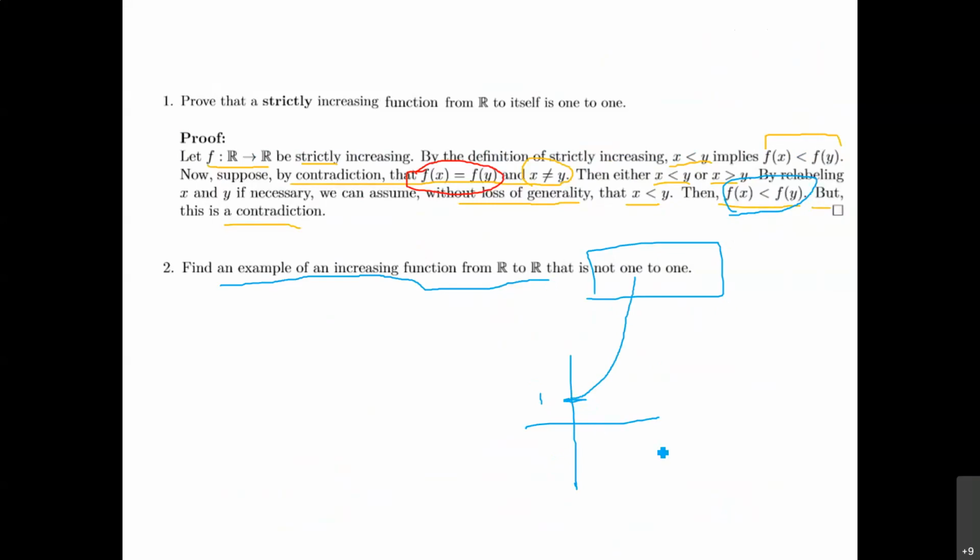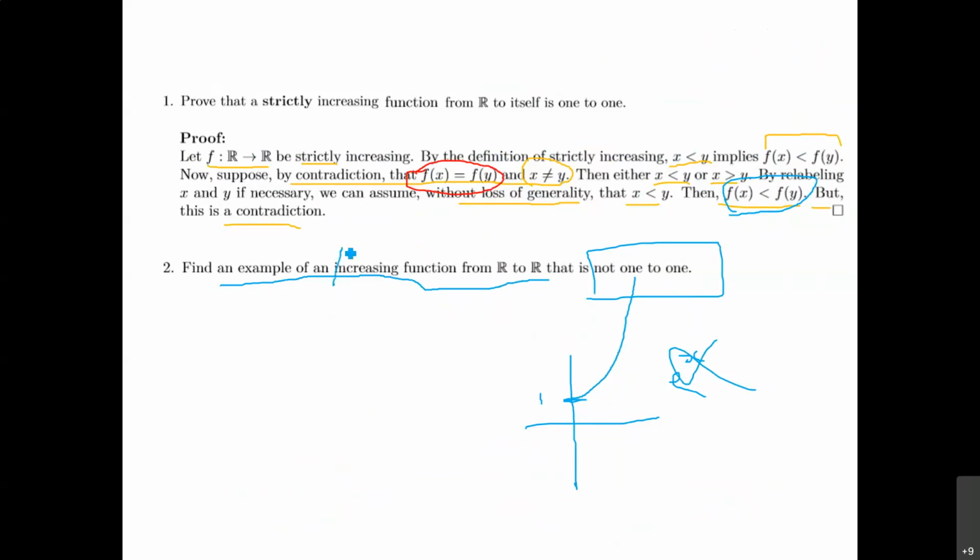So no, I think exponential is a strictly increasing function, so it's not that. So you're saying 0, 0 gives you an exponential e of x. Yes, so only the point 0, 0, yeah, that's not a function.